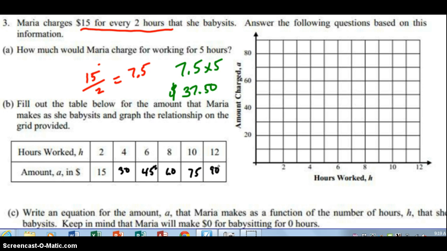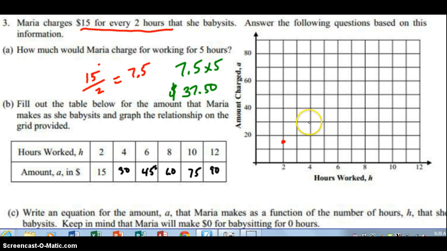Write an equation for the amount A Maria makes. Oh, wait, we got to graph it first, right? Okay, so after 2 hours, she gets 15. So I'm going to look here. What is this going up by? Isn't this going up by 10, 20, 30? So after 2 hours, isn't 15 going to be in the middle?